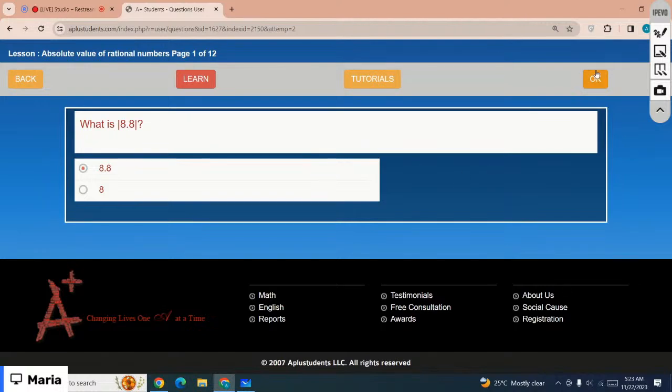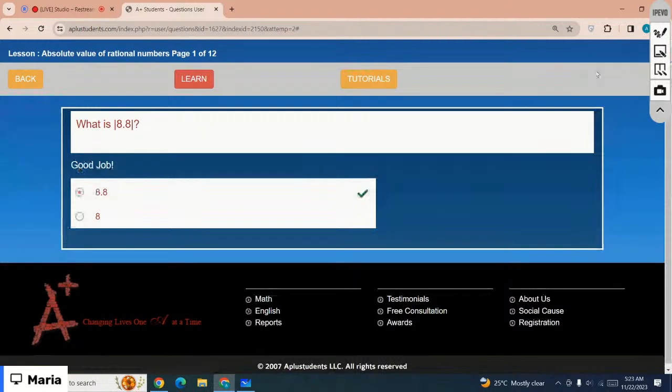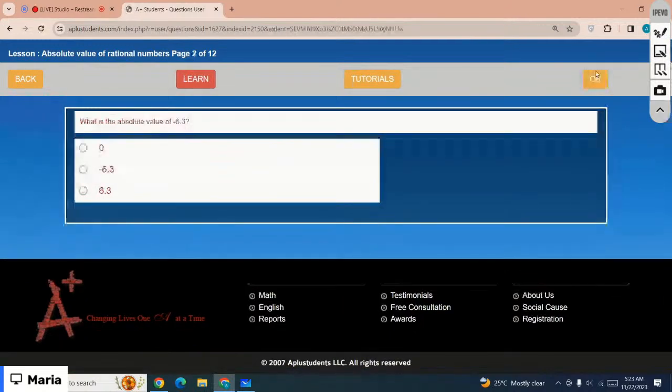Option 1 is the correct option. What is the absolute value of negative 6.3? Which is the correct option? Yes, absolute values are always positive values, so it is 6.3.